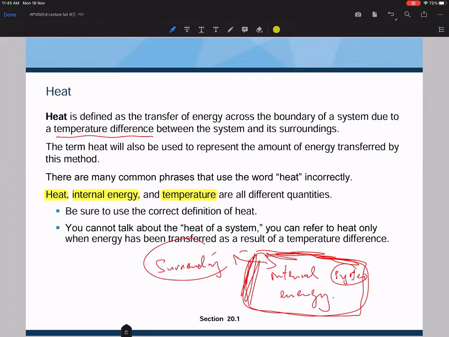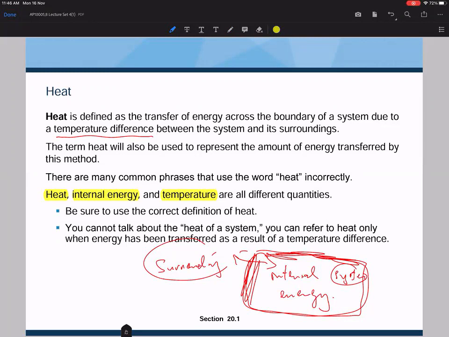Inside the system, molecules are moving around or having interactions with each other. This would correspond to the internal energy of the system itself. And of course, due to the presence of the internal energy of the system, it has a temperature.